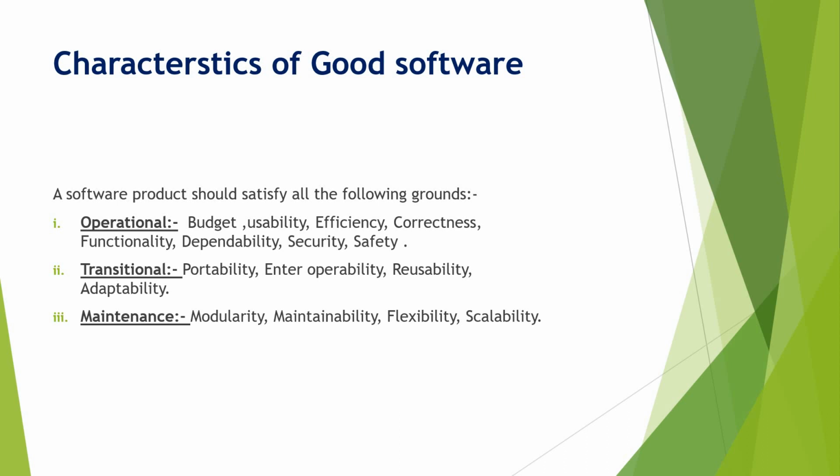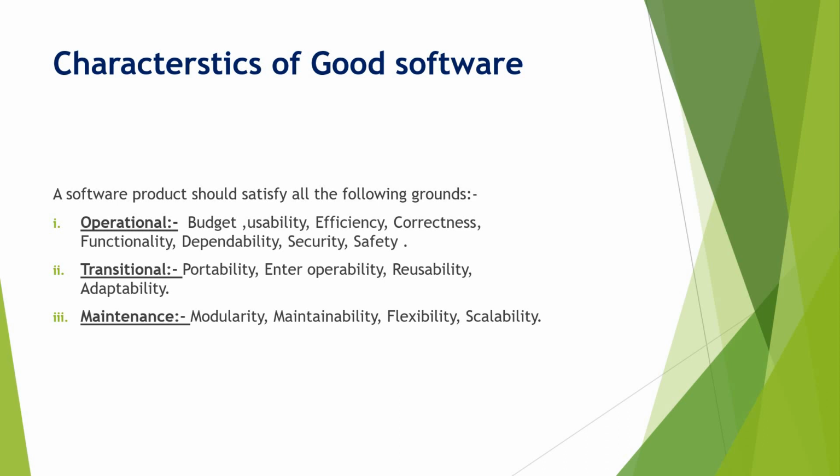Next is, what are the good characteristics of software? A software product should satisfy all the following grounds. That means software product means development, testing, code design, requirements, system analysis, system design, maintenance, and also updations.